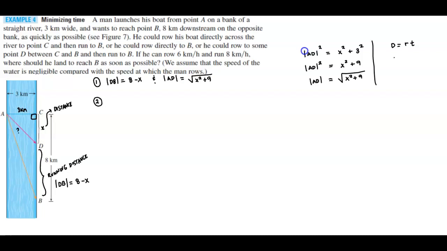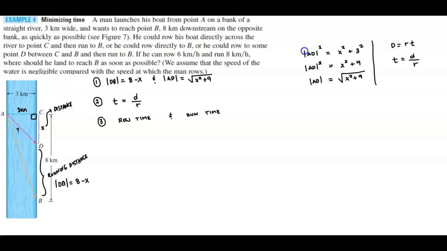And if we want to solve for time, time is equal to the distance divided by the rate. So what we're looking at now is the rowing time and the running time. So we have the row time and the run time.